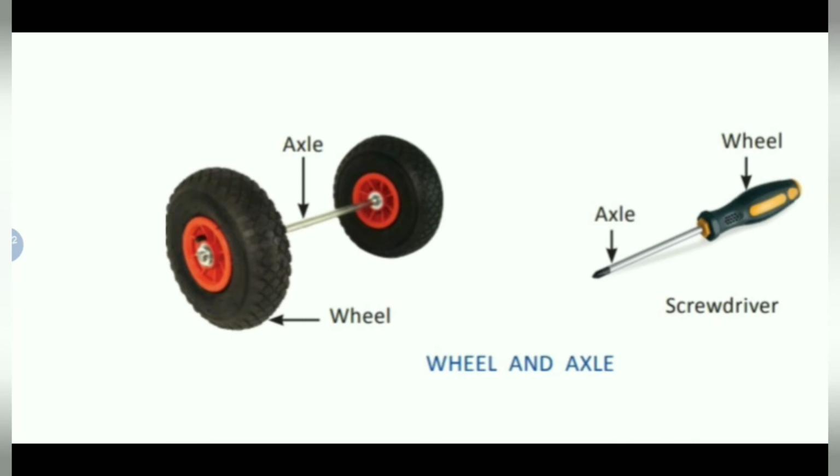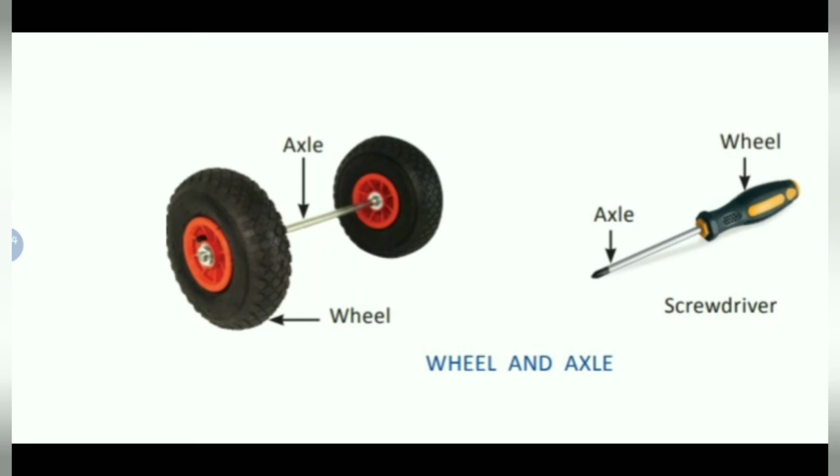Steering wheel of a car, screwdriver, doorknob, all these are examples of wheel and axle. All the vehicles have wheel and axle. Here if the wheel moves, the axle is going to move. And if the axle moves, then the wheel moves.